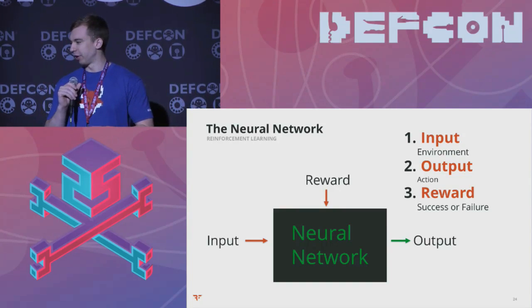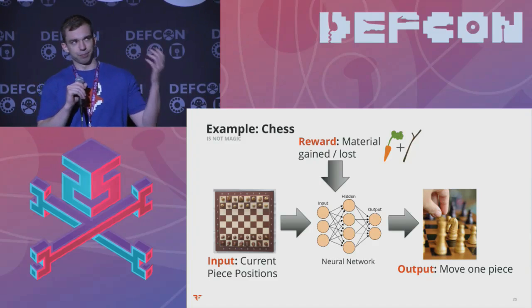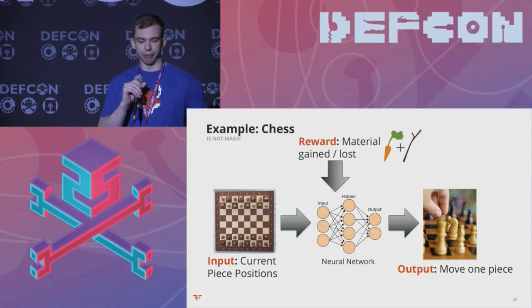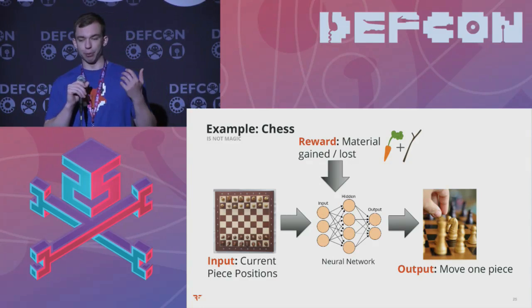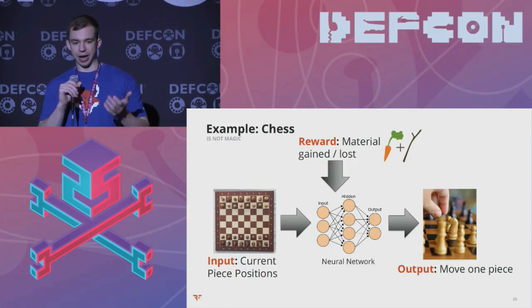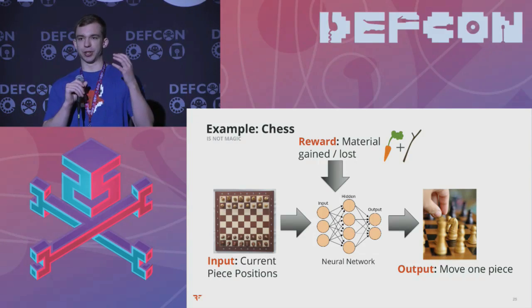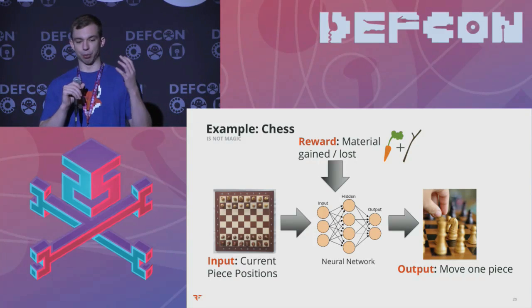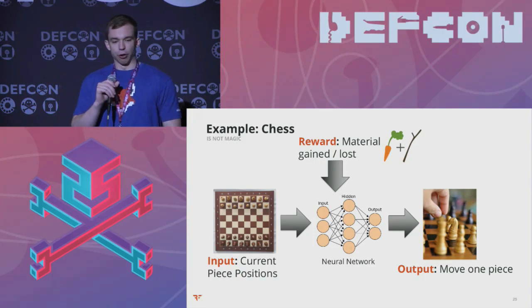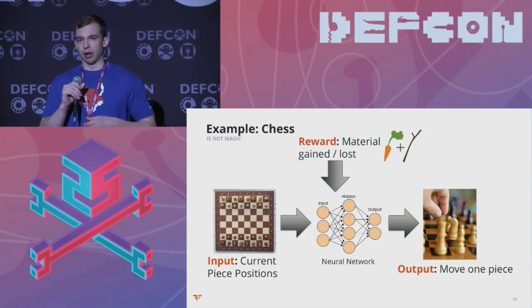So if we're going to have a real concrete example here for our game of chess, our input would be the positions of all the pieces on the board. You could put those in an array and have that be the entire state of the program. Your rewards are going to be: if you move a piece, what happened, right?